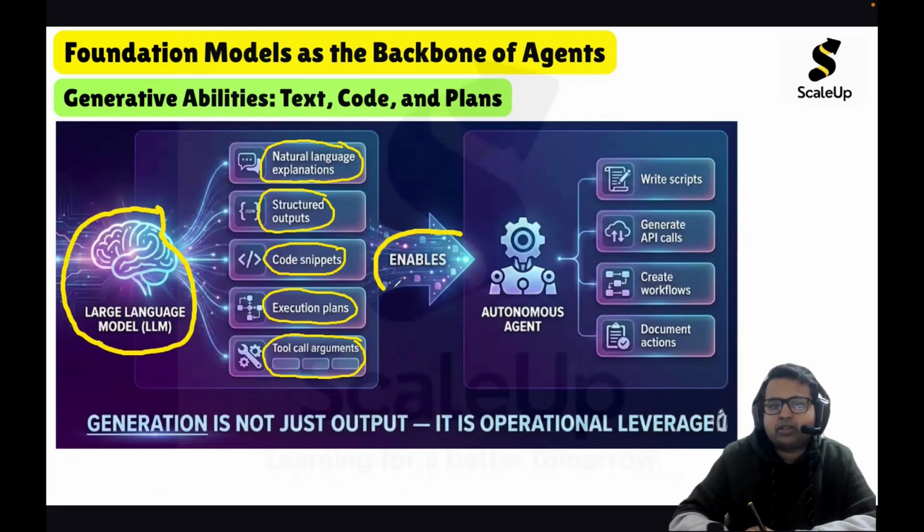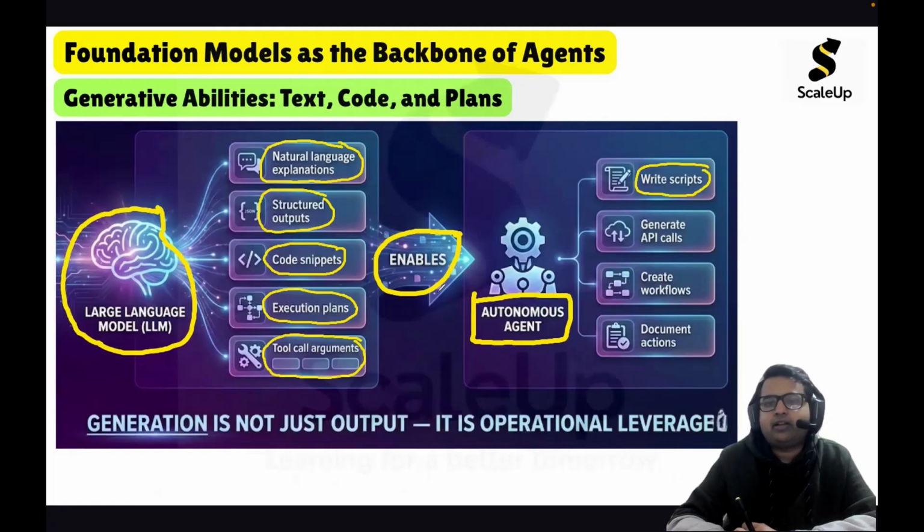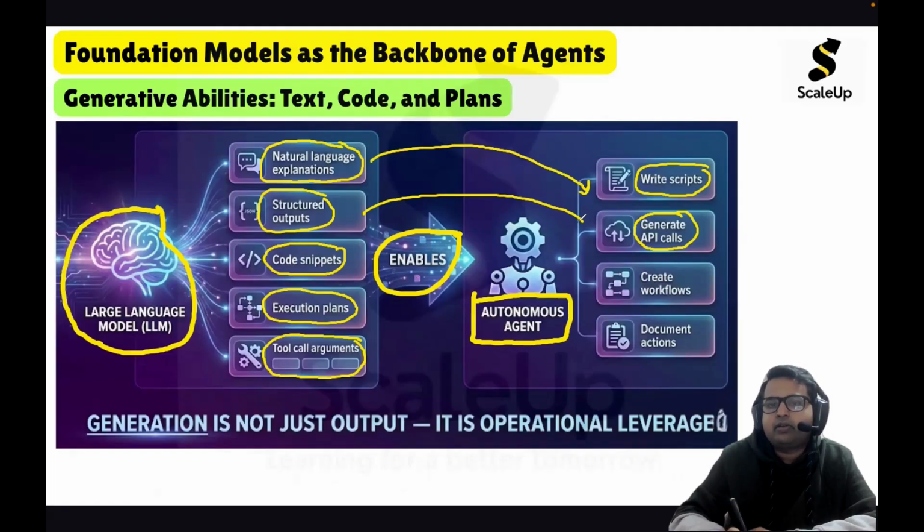It enables autonomous agents to write scripts. Now, autonomous agents can make use of the large language model to generate scripts and API calls. To call an API, some specific format is needed, and that format, the structured output, we can get from the large language model. To write scripts and natural language explanations, we can get them from the large language model. To create workflows, the execution plan, we can get it from the large language model.